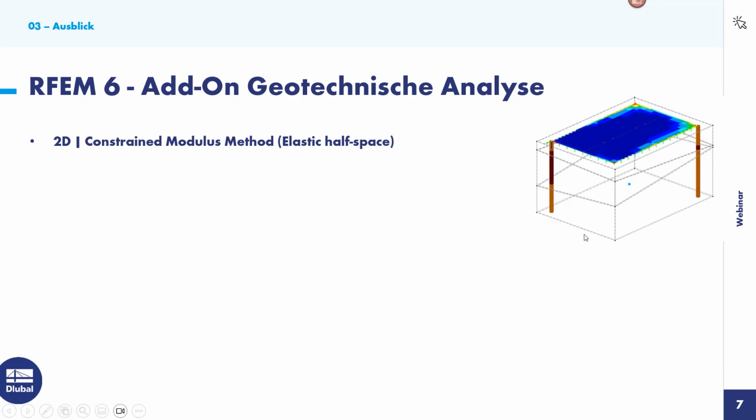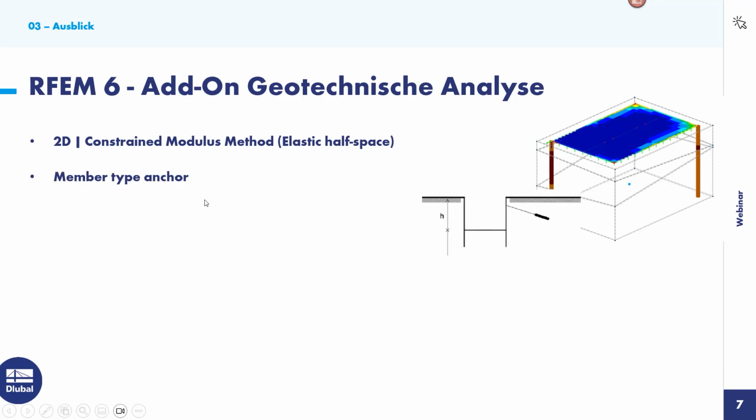This means that if this option is used, it wouldn't be the full 3D finite element analysis for the soil. The soil would be considered as surface support, where the support coefficients are calculated in an iterative process with consideration of soil structure interaction.